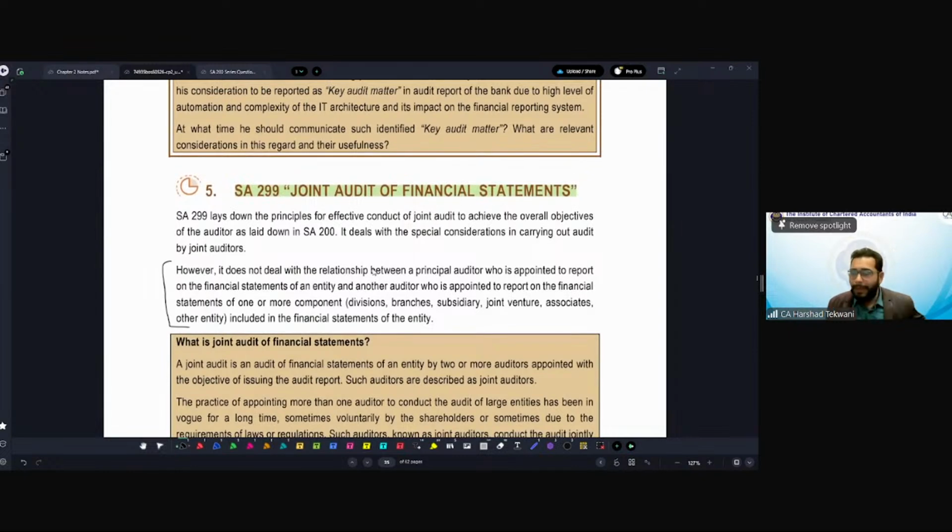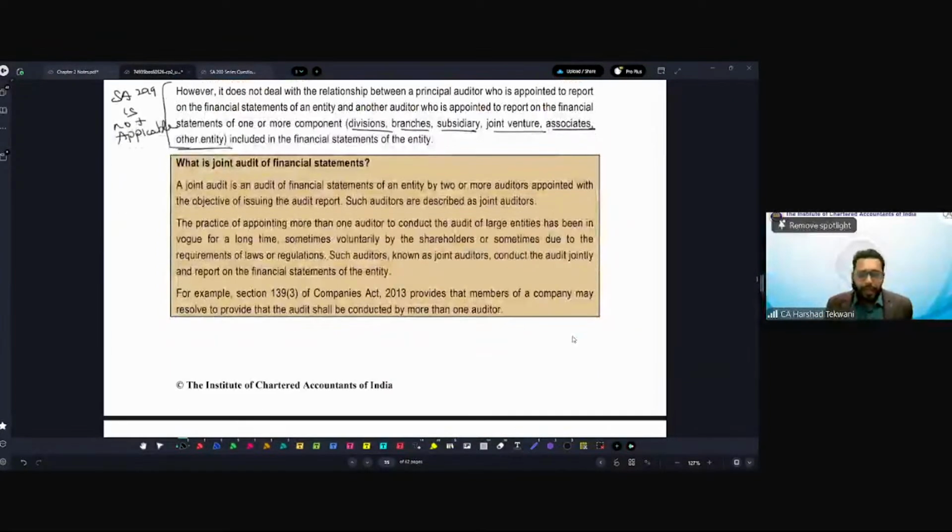Remember we discussed the branch, division, subsidiary, joint venture, associates, other entity. In those scenarios, SA 299 is not applicable. That we discussed, and it explains what the joint audit of financial statement is.